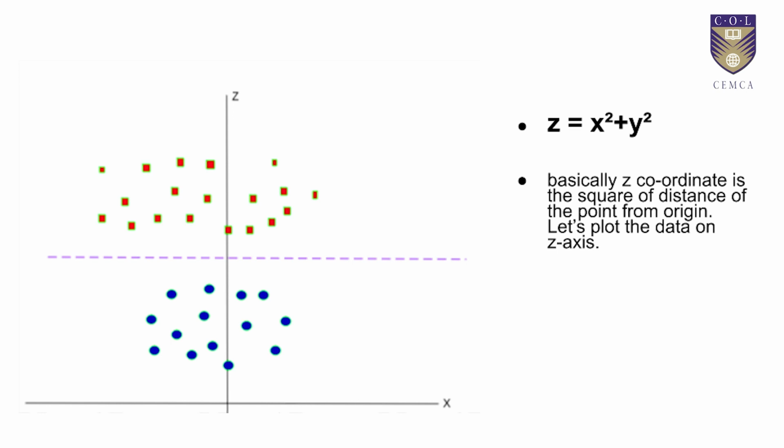When we do this and plot the values, we can see that now this previously non-linear looking dataset transforms into a dataset which can be separated by a line. And this line, let's call it k, would be equal to x square plus y square. Now let's go back to the previous dimension that we had come from.